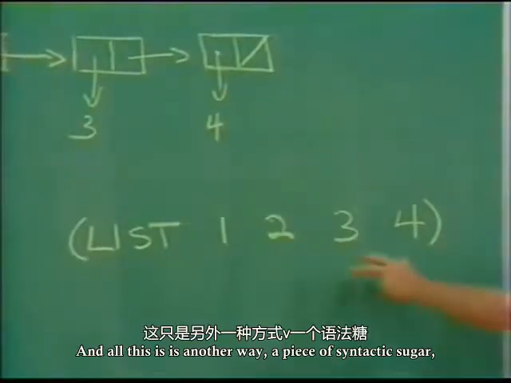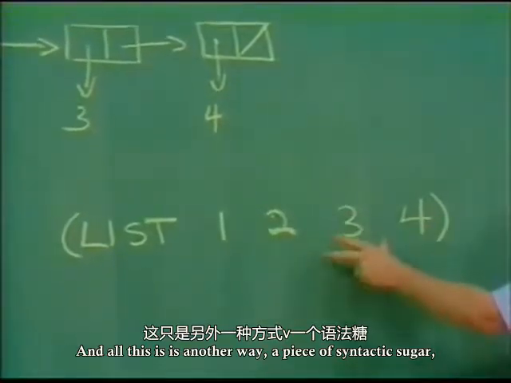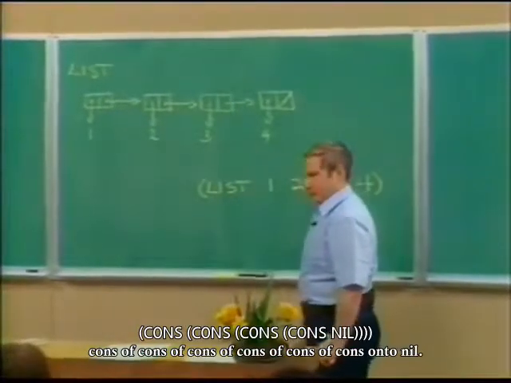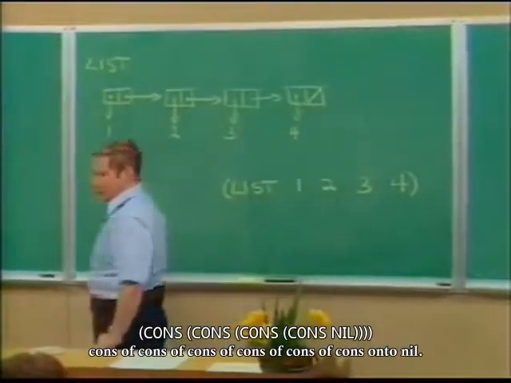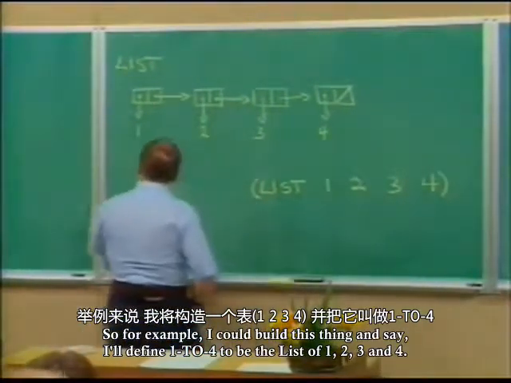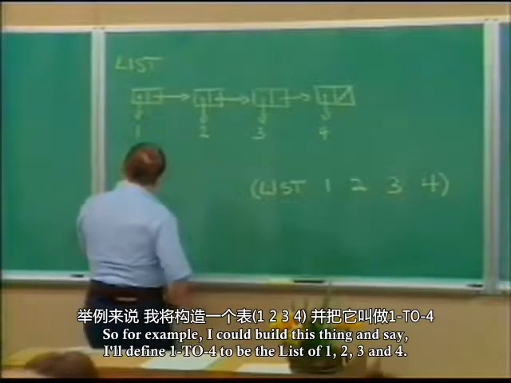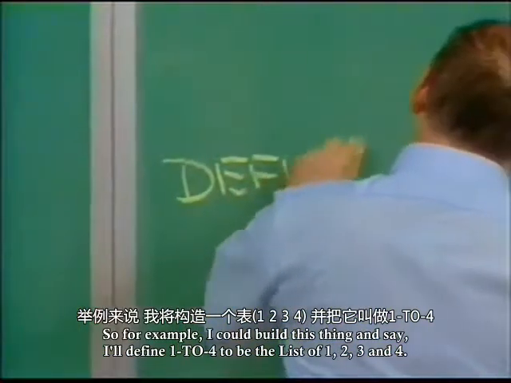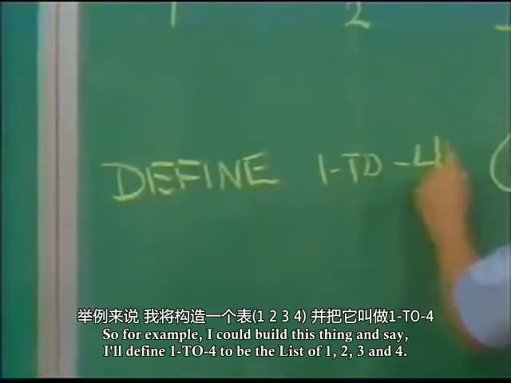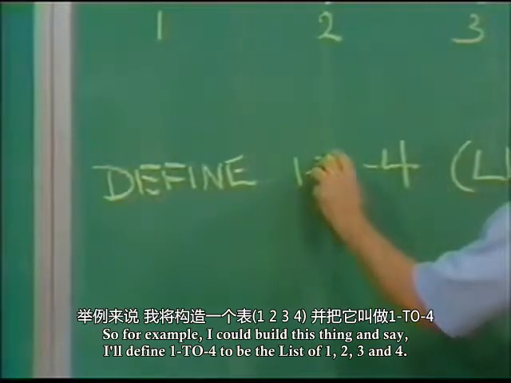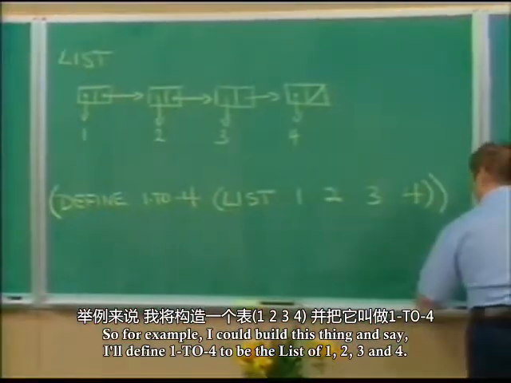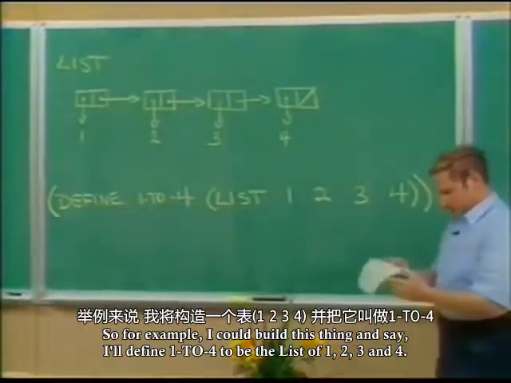And this is another way, a piece of syntactic sugar, a more convenient way for writing that chain of conses: cons of cons of cons of cons onto nil. So for example, I could build this thing and say, I'll define one to 4 to be the list of 1, 2, 3, and 4.